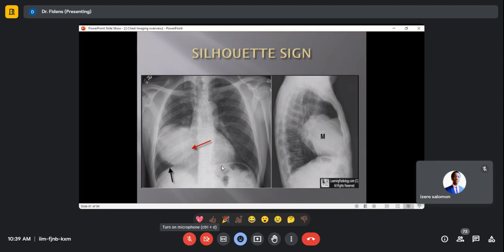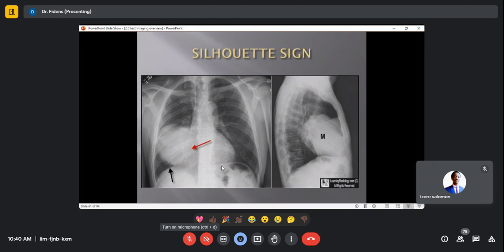I don't believe that, because cardiomegaly itself cannot make the heart margin unclear, unless there is an opacity, like pulmonary edema around.